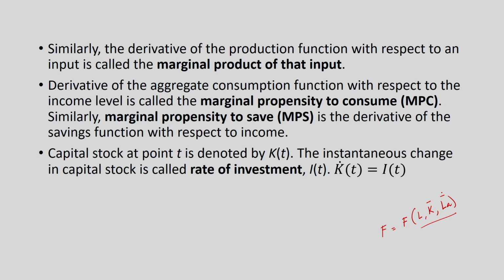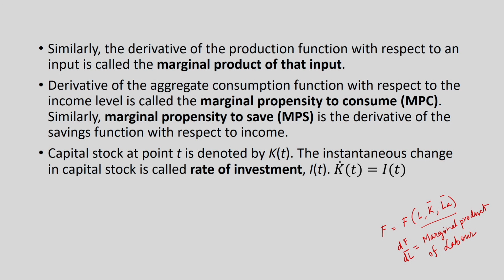So, these are parameters, okay. Capital and land are fixed. So, this becomes a function of only one variable which is L, labor. So, you can now find out what is df dL. This will be called the marginal product of this particular input which is labor. Okay. So, once we do economics, we shall see plenty of examples of this marginal product.